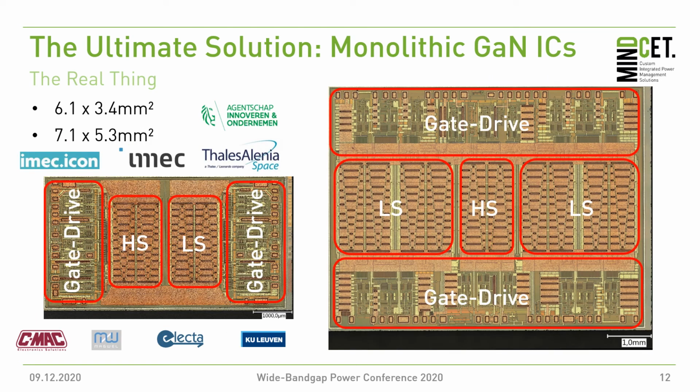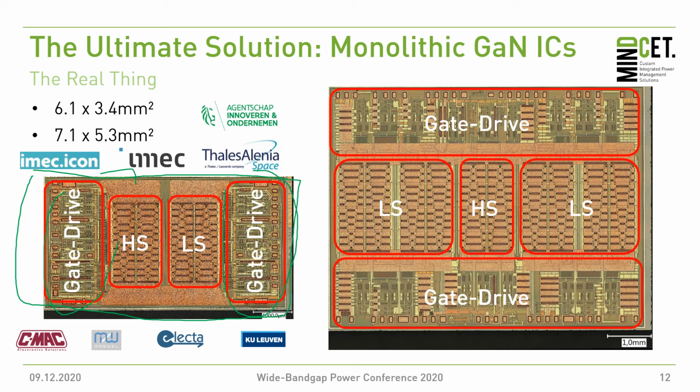This is the real stuff, so this is how it looks like in real life. So here on the left hand side, we have the symmetrical 32 plus 32 milliohm half bridge with the GaN gate drivers integrated and also the decoupling. Today you see that this implementation is about a 1-to-1 ratio power stage versus gate drive. This is being improved as we speak, so we already did improvements on this design to make that about factor 2/3 smaller, so also a bit faster.